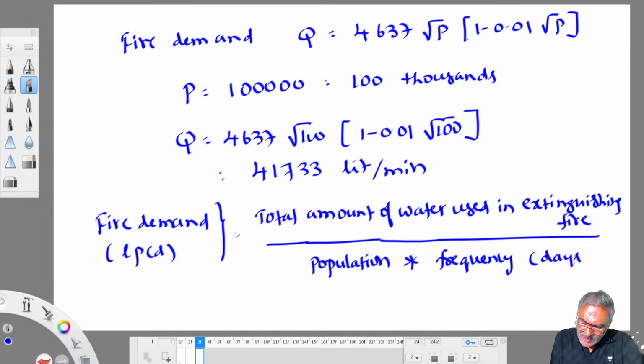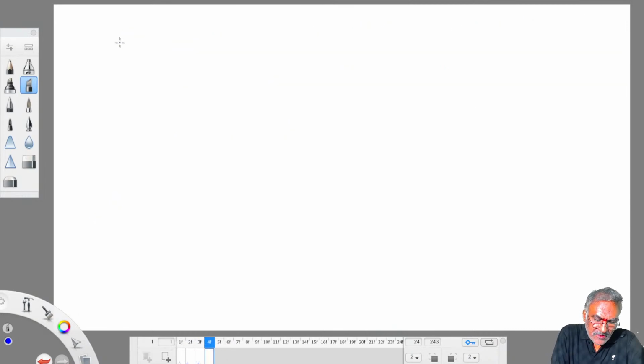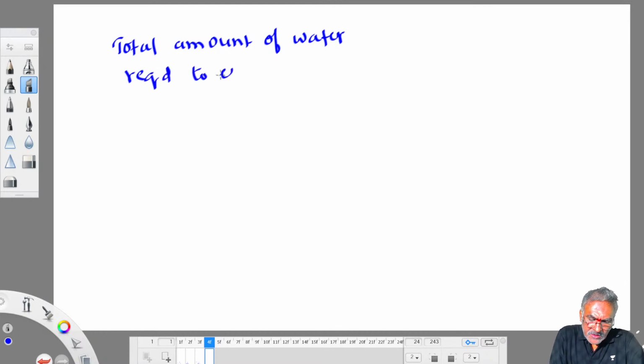Frequency normally we substitute in days. Okay, frequency of fire accident, once in how many days it occurs. So if you see that, take this one, then you can calculate. See now. So total amount of water required to extinguish the fire is equal to, so what is the total amount of water required? Water required to extinguish fire.